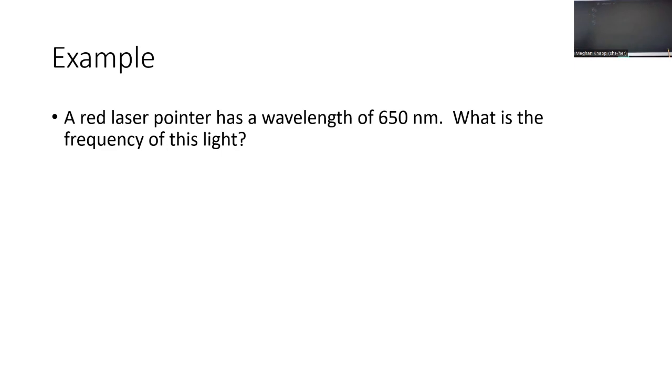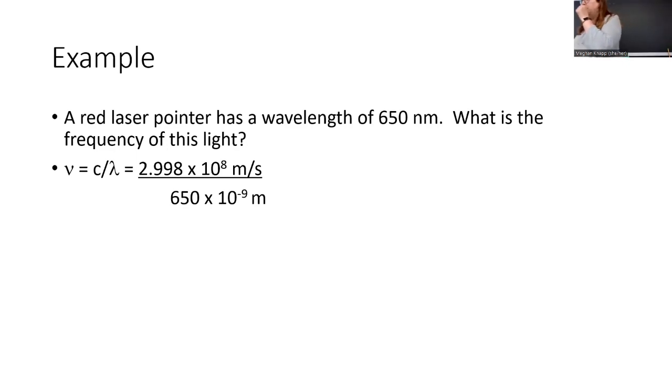So c was 2.998 times 10 to the 8th meters per second, and we're going to divide it by lambda. So it's 650, but since it's nanometers, we have to put that in times 10 to the -9. That's not normally how we write scientific notation, but your calculator will be able to interpret that.